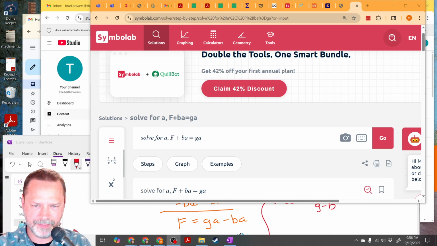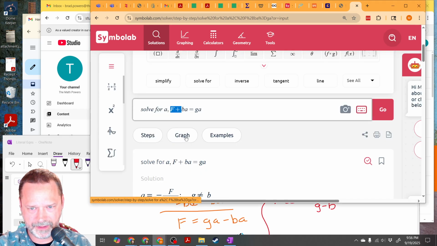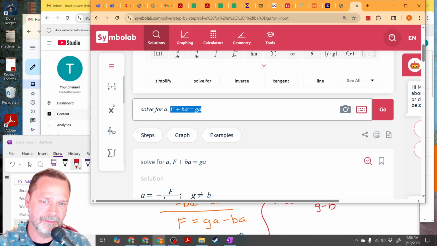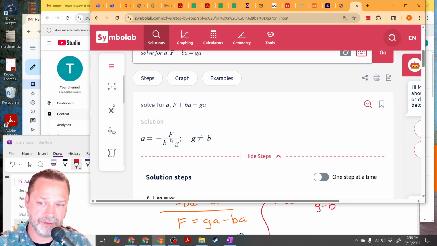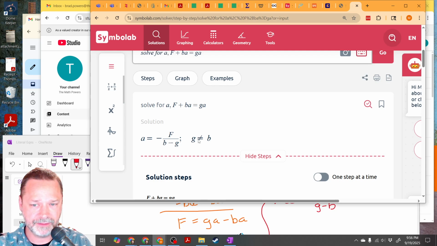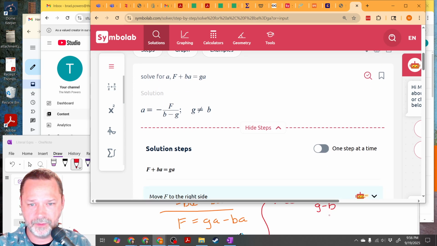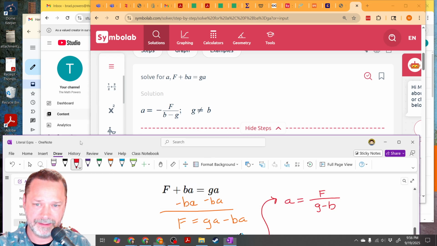I had to retype it in for some reason, and I typed it in no spaces, but did it from scratch instead of clicking and changing things. No problem. And the solution I got, and this is very interesting, is negative F over B minus G. And this is correct, but so is what we got, which was F over G minus B.